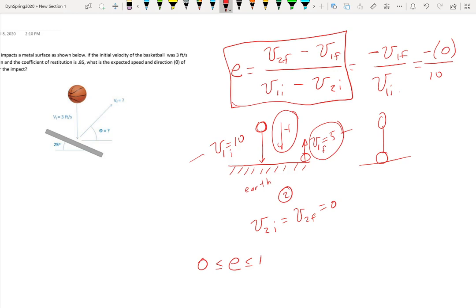If it's perfectly elastic, where no energy is lost, it will come off at the same speed, and you'll get a coefficient of restitution of 1. So this is losing most all your energy, and this is losing none. And you're in between most of the time, somehow in between.